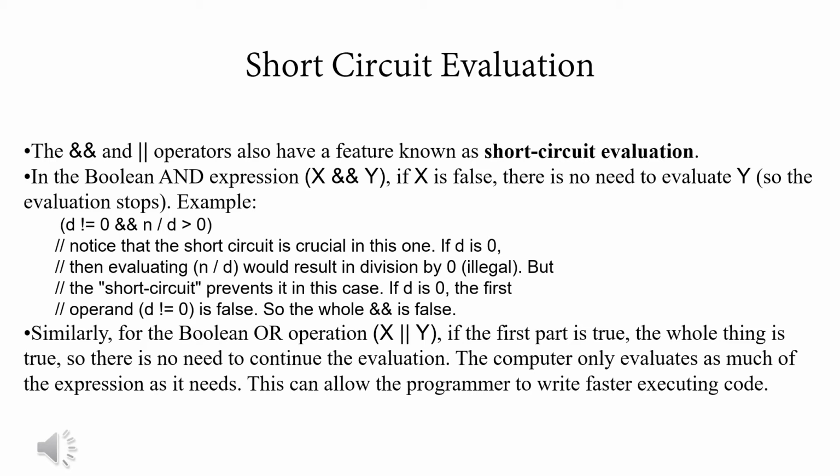If d is 0, then the whole expression is false and the next part won't be evaluated. Or for or, when we have x or y, at least one of them needs to be true. So if x is true, then there is no need to evaluate y anymore. As you see, it makes this evaluation way shorter.